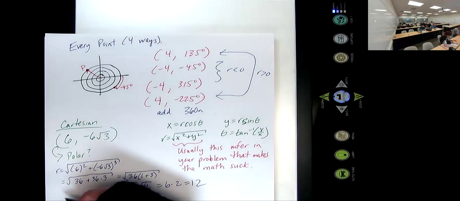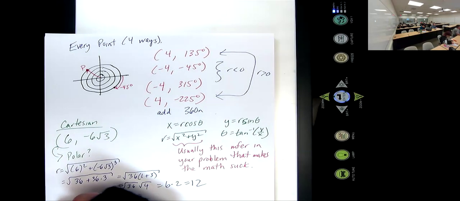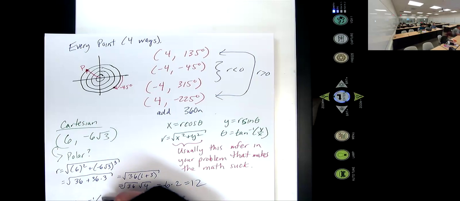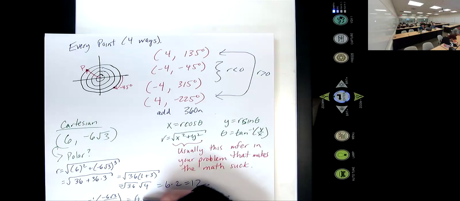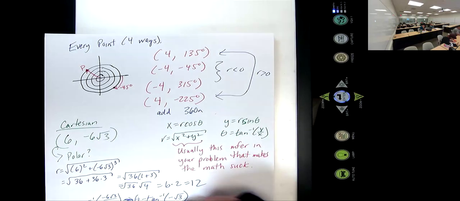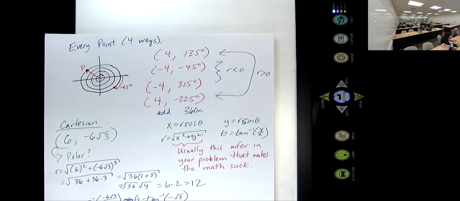What about tangent theta? Or what's theta? Negative 6 root 3 over 6. Tangent inverse of that. So we have tangent inverse of negative root three. What's the positive reference angle of that?